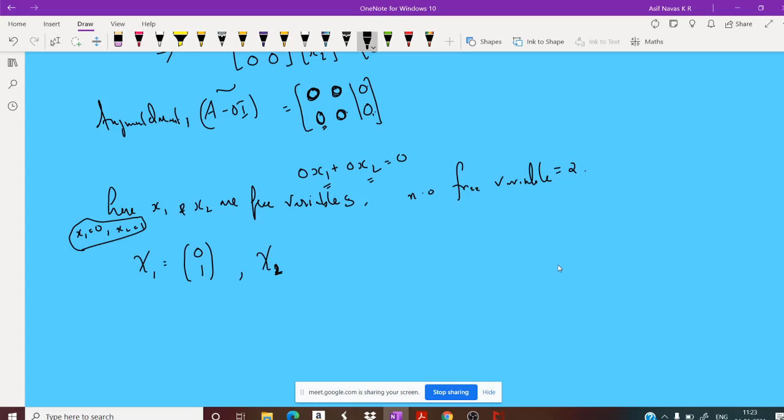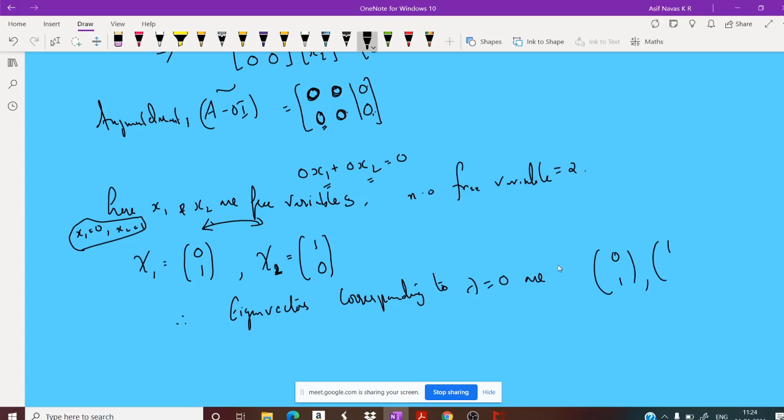X1 is the first eigenvector, so can you tell me another one? You can choose any value: 1, 0, so that these two become linearly independent. Therefore the eigenvectors corresponding to lambda equal to 0 are 0, 1 and 1, 0.